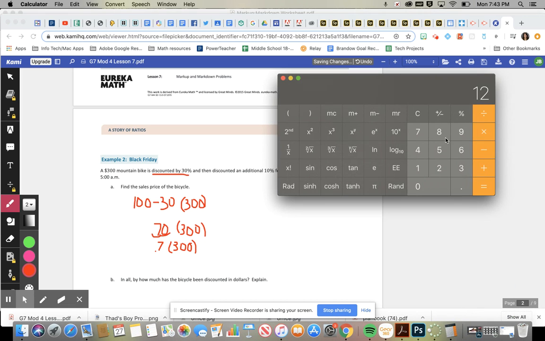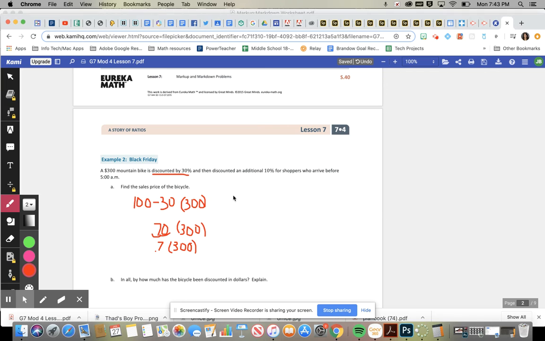And let's do that real quick. So 0.7 times 300 is 210. So now it's at $210. But that wasn't my only discount. It's at $210.